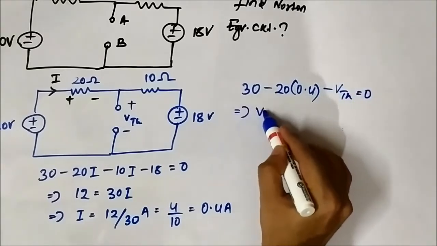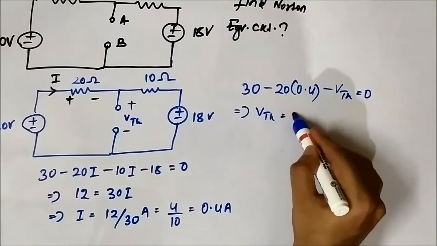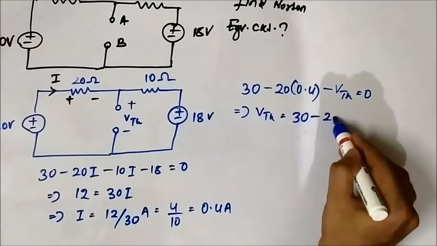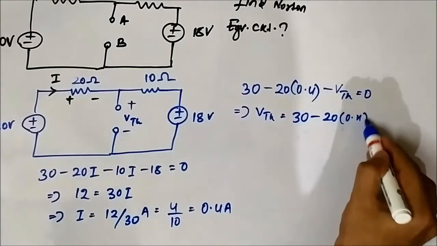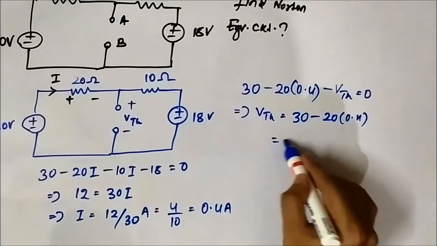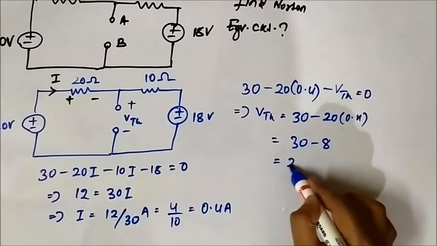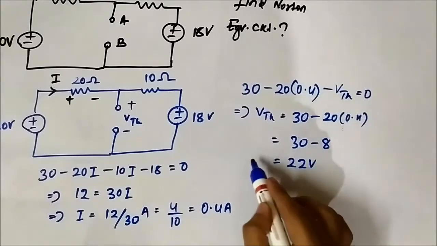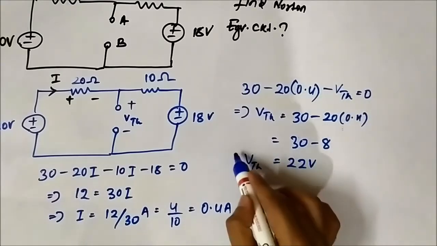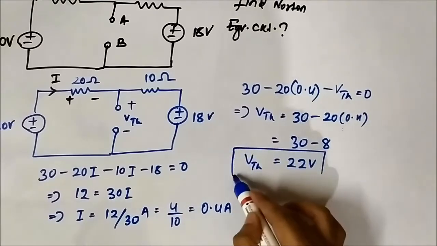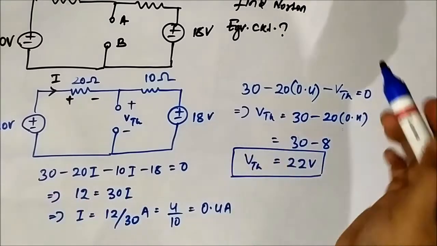That implies VTH is equal to 30 minus 20 into 0.4, which is 30 minus 8, which is equal to 22 volt. So VTH is equal to 22 volt. Okay, we have got VTH.